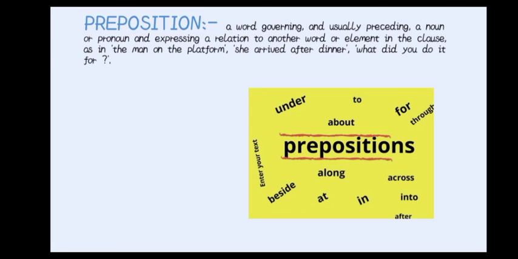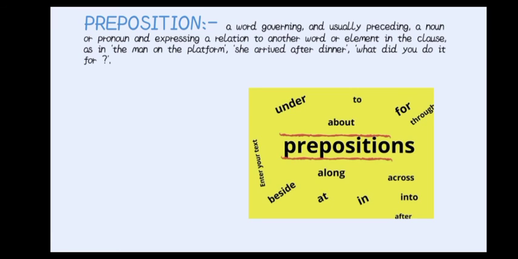It is telling you the relation. Now see, there is a relation that has been shown between a man and a platform. And who is showing this? The word on over here is showing you the relationship between the man and the platform. So such words that tell you the relationship between the noun or pronoun with respect to the object, like the man.